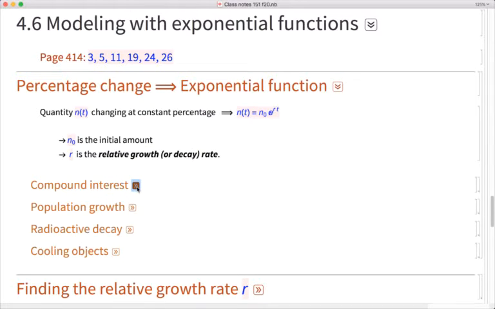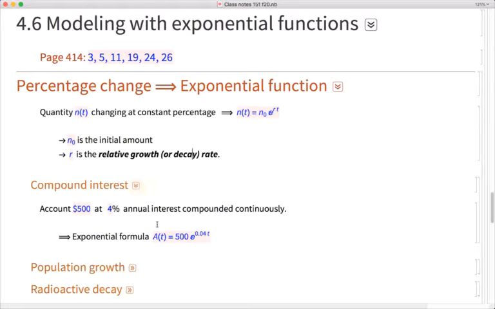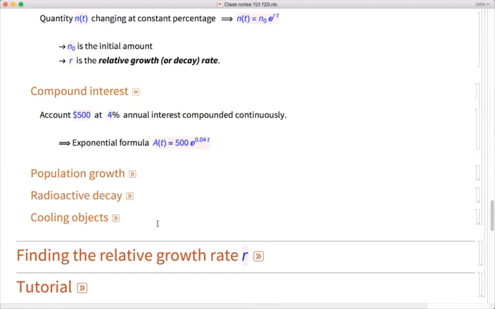All right, so we've certainly seen one example like this already, where we had money. Our n was measuring the money. I guess we called it A of t. But the amount of money is changing at a certain percentage every year or whatever time period we choose. What we learned is that the formula for the amount in the account has exactly this form.